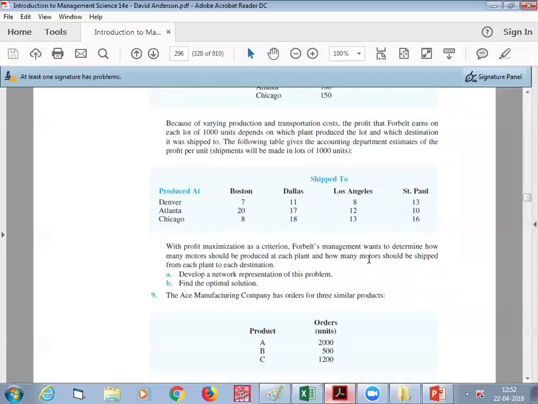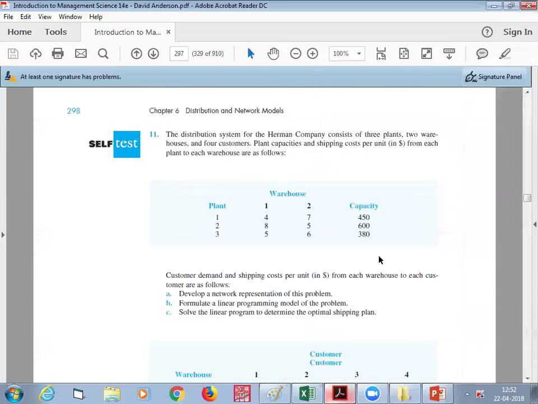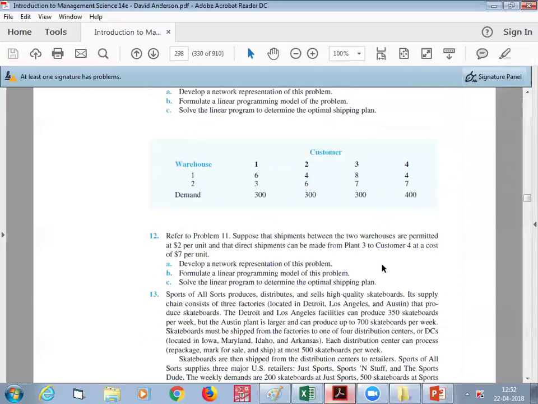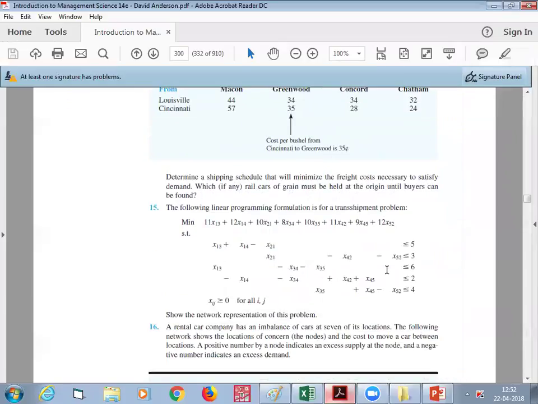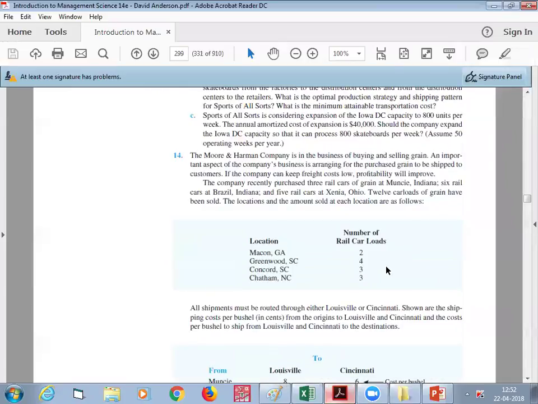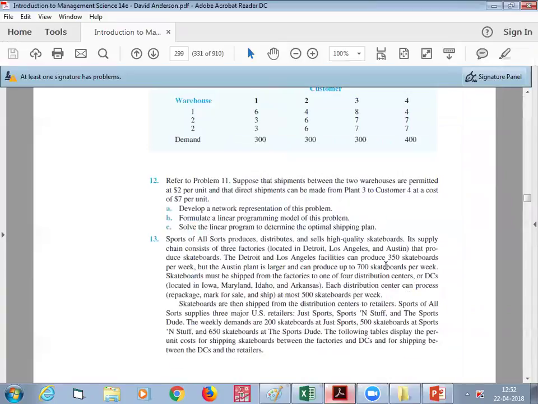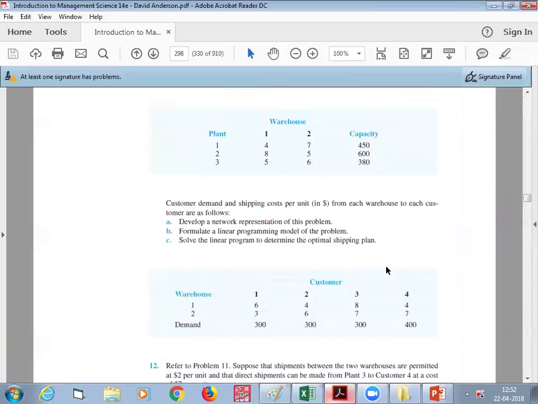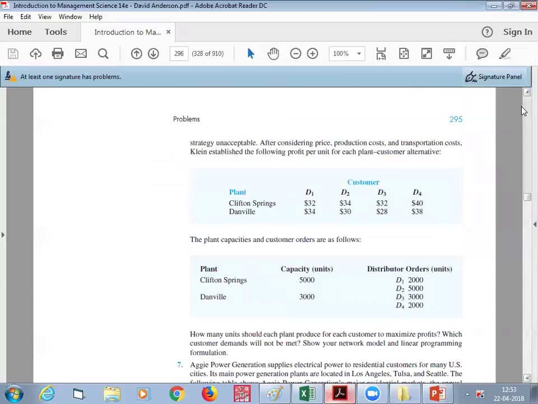Okay, so let's try an assignment problem now. Enough of these. Oh, this is not assignment. This is still not an assignment problem. Shipping costs. No assignment problems.